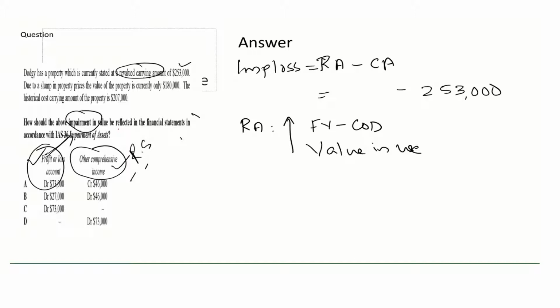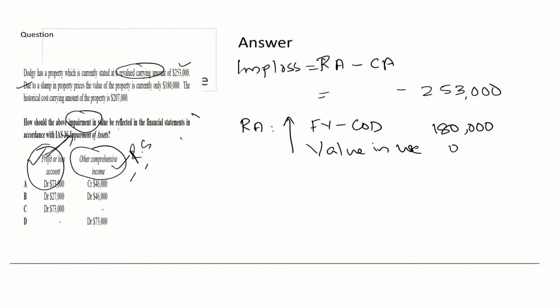Now I read the question again. Due to a slump in property prices, the value of the property is currently 180,000. So we can say that fair value is 180,000 and cost of disposal is not given. So fair value less cost of disposal is 180,000. The historical cost carrying amount of the property is 2,07,000. They have given historical cost, so it's not value in use.